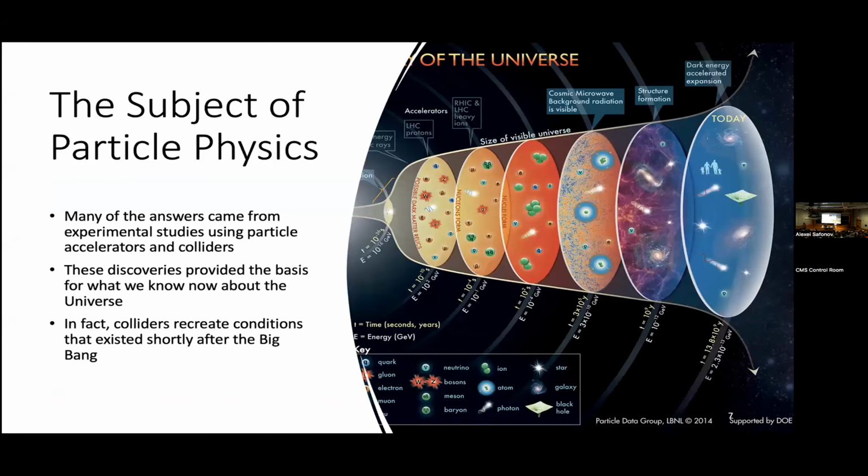I already alluded to that, but particle physics is very closely connected with our studies of the universe and its history and its evolution. In the very beginning of the universe, you had basically a very large amount of energy in a very, very small amount of space. And then that energy started creating space around itself.